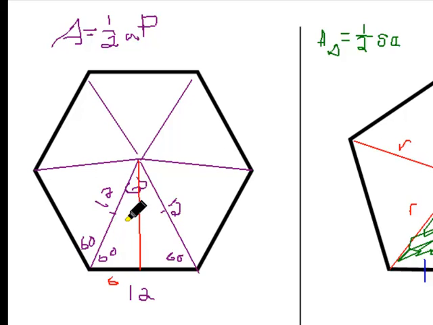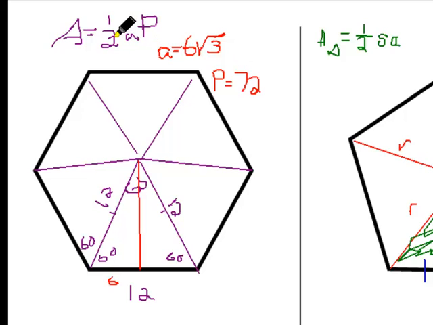That means this apothem here, my A, has to be equal to 6 times the square root of 3. Okay? So my formula uses apothem and perimeter. The only other thing I need is my perimeter. I can find it now because my side is 12. So the perimeter then would be 12 times 6, which is 72.